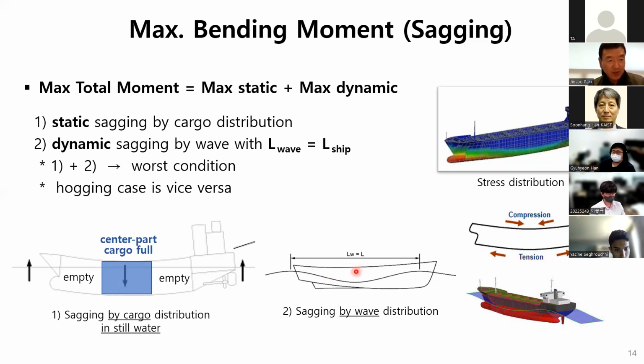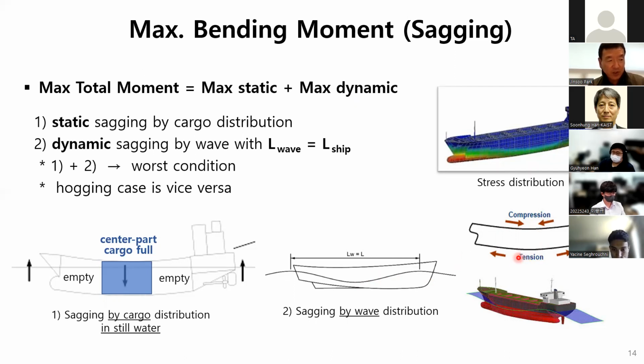And when ship is laid on the wave like this figure, the two top positions of wave are located at both ends of the ship. That is so-called sagging condition, our most concern. Compression at upper part, tension at lower part.